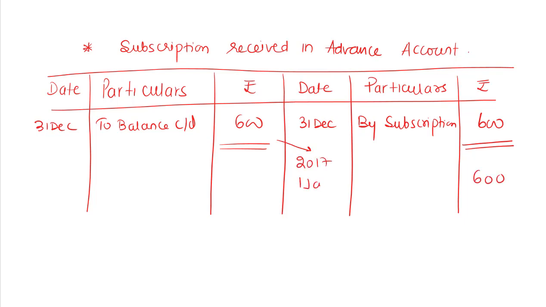On 1st January 2017, by balance brought down 600.